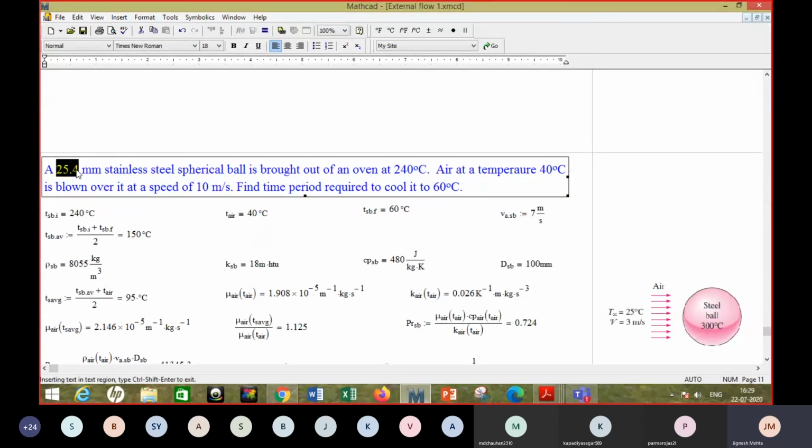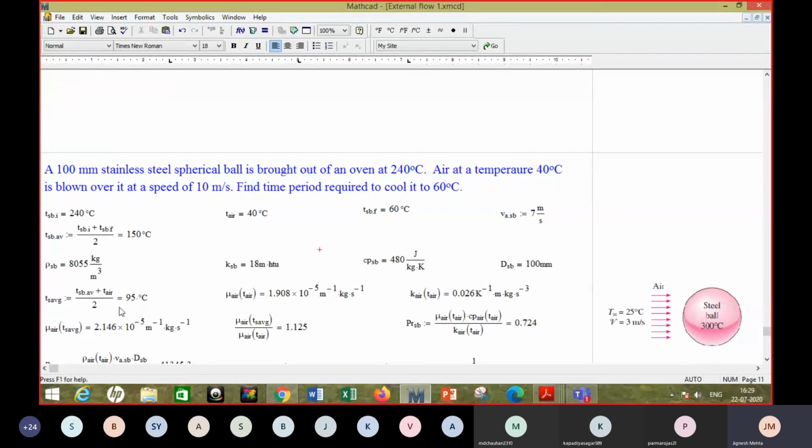So let me change this to 100 mm. This average is shown as the average temperature of air and the sphere, but I don't think this will be used.